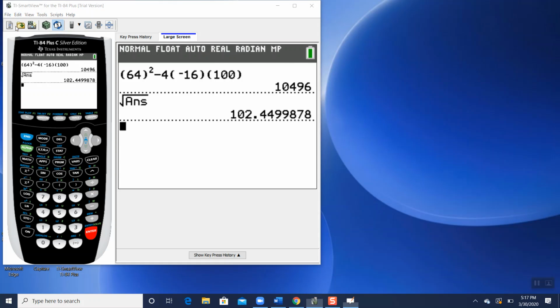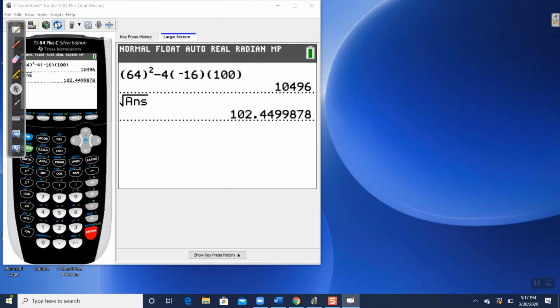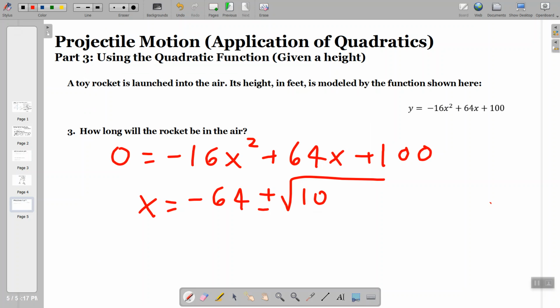All right, so full quadratic formula, x equals the opposite of b plus or minus the square root of, and I have forgotten what that number was, 10,496, all over 2 times a, negative 32.